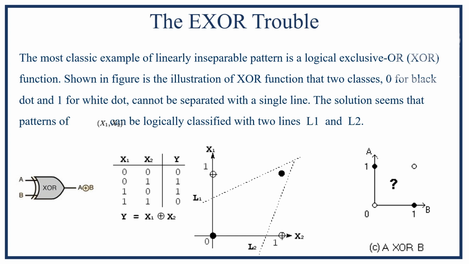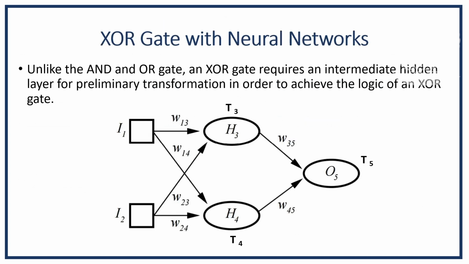H over here represents the hidden layer which allows XOR implementation. I1, I2, H3, H4, O5 are 0, that is false, or 1, that is true. T3 is the threshold for H3 and T4 is the threshold for H4. T5 is the threshold for O5.